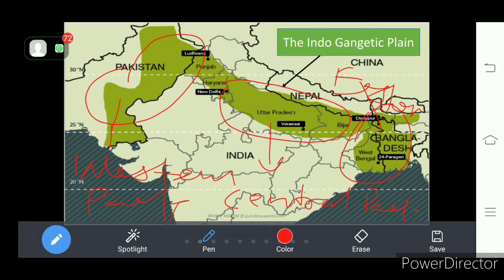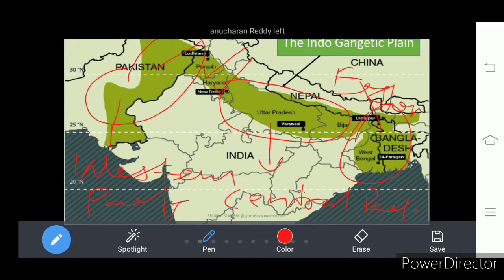The maximum portion of the western part falls in Pakistan. A little portion of the western part of the Indo-Gangetic plains falls in Punjab and Haryana.